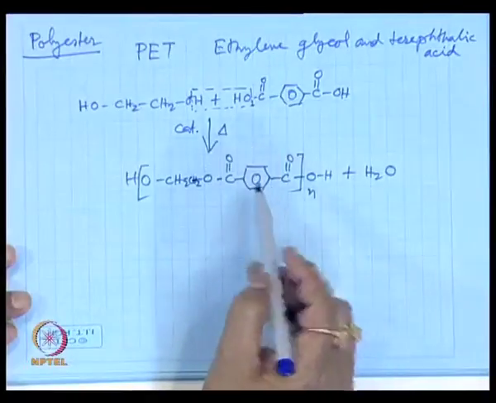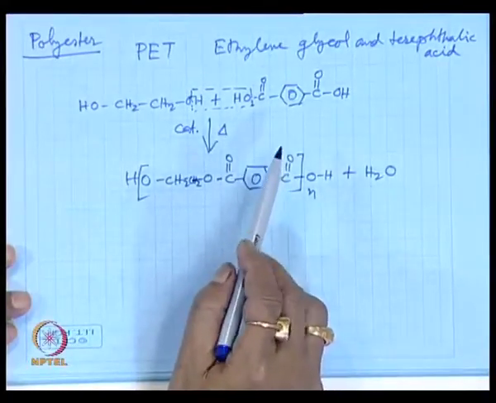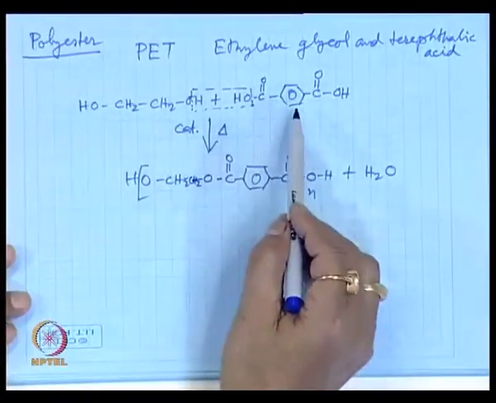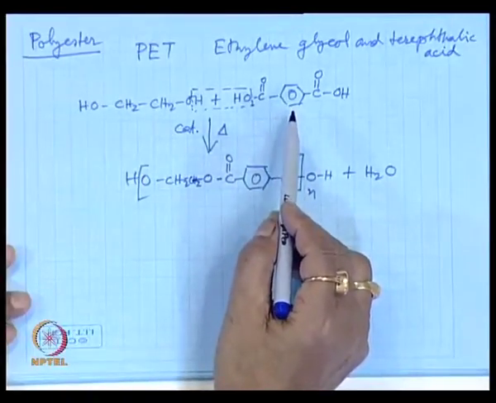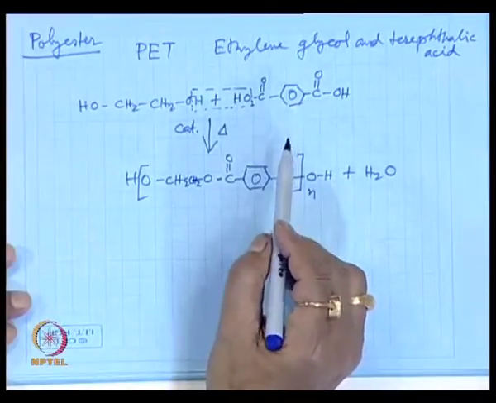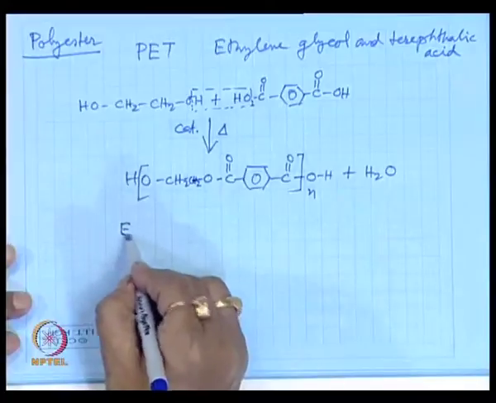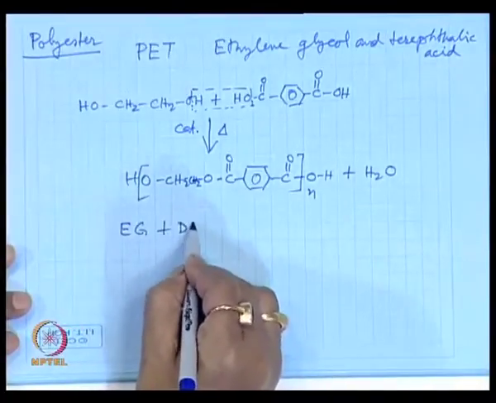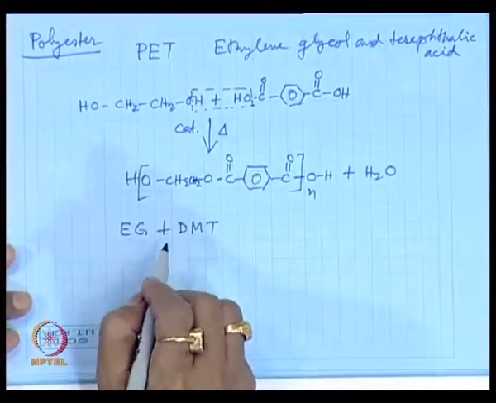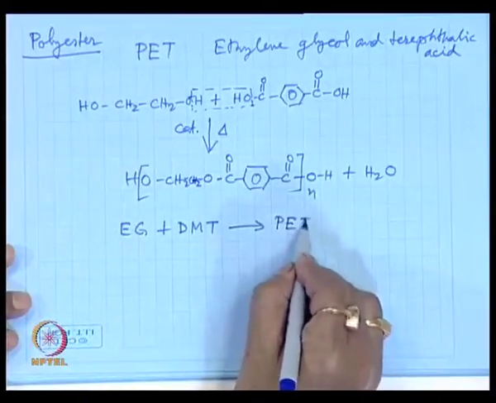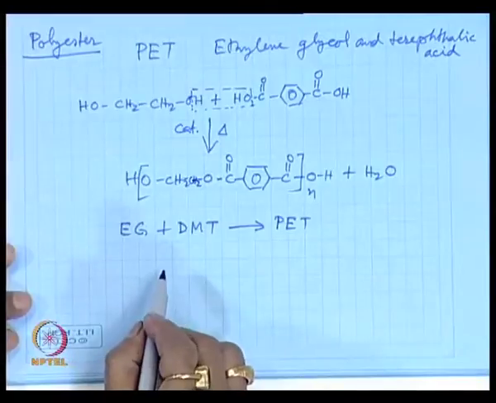This polymer can also be made by the reaction of ethylene glycol and dimethyl terephthalate by ester interchange reaction. You can take ethylene glycol, EG, and DMT, dimethyl terephthalate, will get the same PET polymer. This is a polyester.